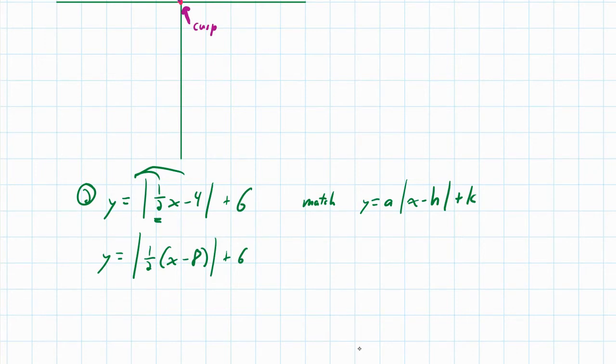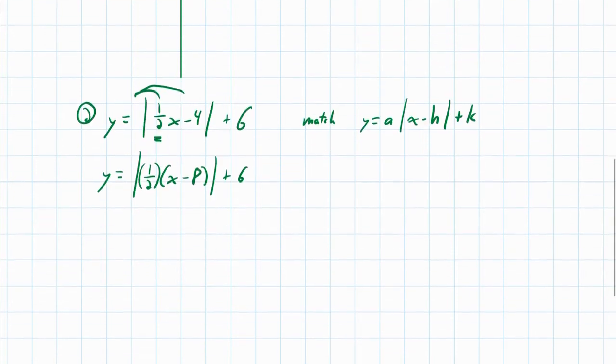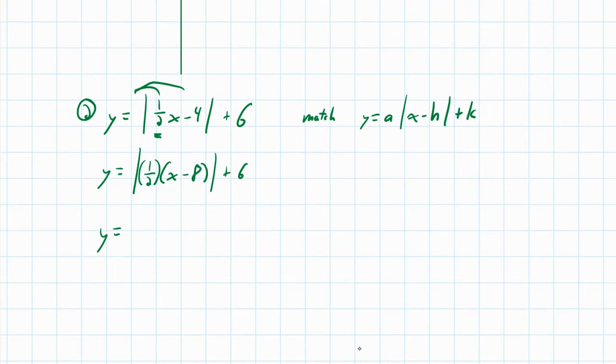Well, I can now put this 1/2 into parentheses and put that kind of as a coefficient, because now this is the same thing as 1/2 times the absolute value of x minus h plus 6, or y is equal to 1/2 times the absolute value of x minus h plus 6.